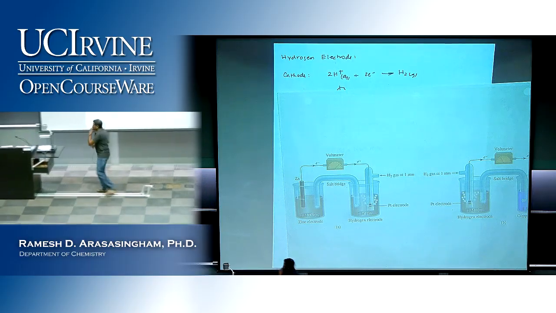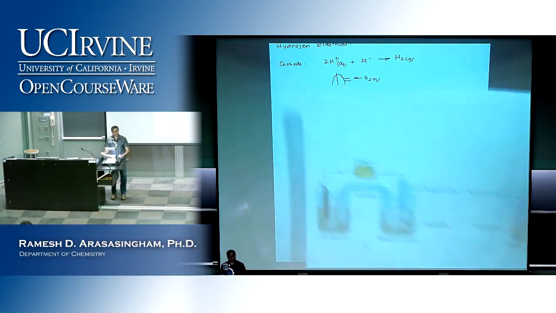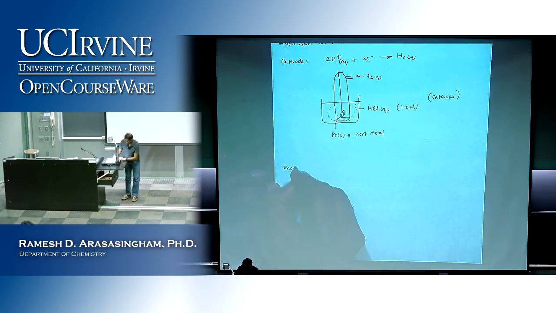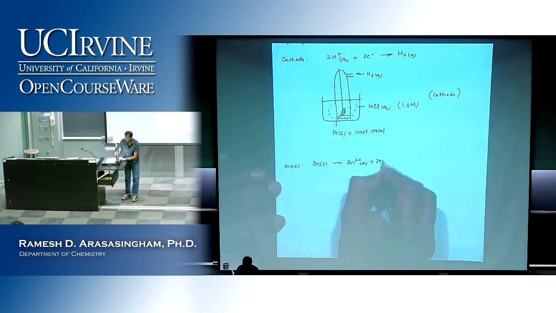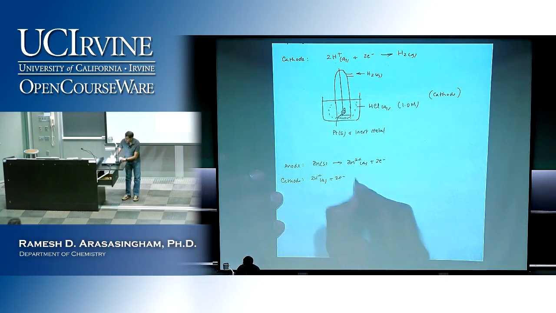So if you wanted to describe what's going on in this cell, then you would say that at the anode, you would have the oxidation taking place, which is the zinc solid going to Zn2+ aqueous plus 2 electrons. At the cathode, you would have the 2 H+ ions picking up 2 electrons to give you H2 gas.